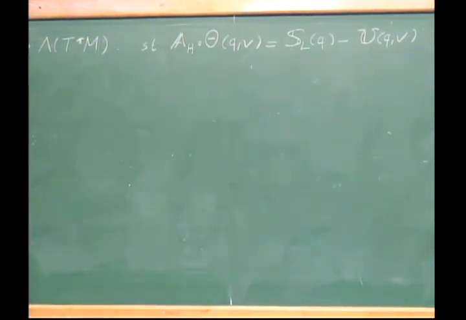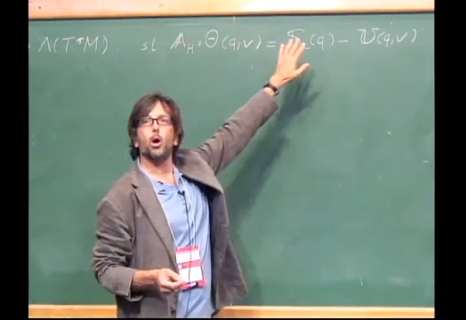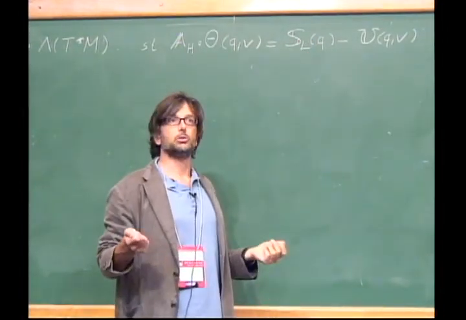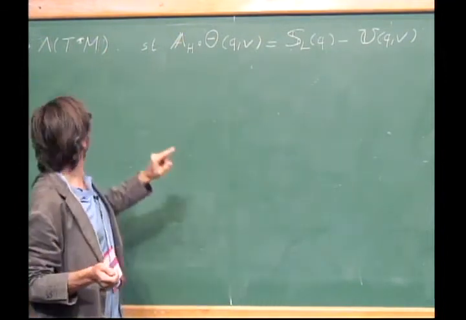So the first observation is that because of this equality, it is actually very easy to build a pseudo-gradient vector field here.